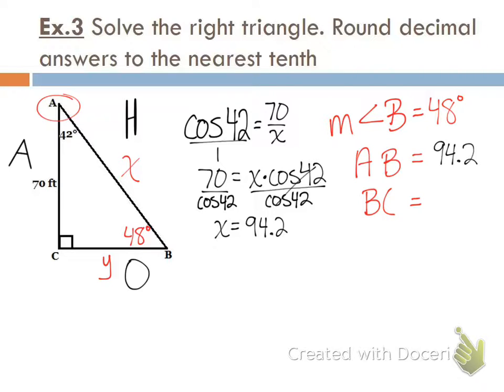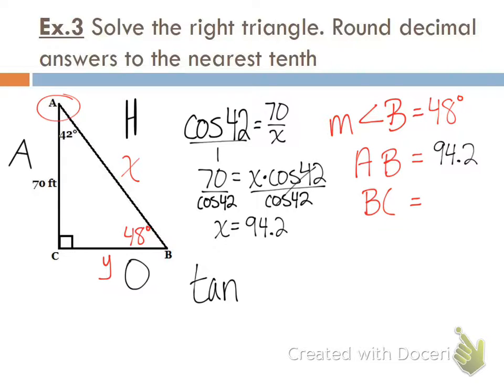What I am saying is that your answer might get rounded again and be just a little bit different from what it should be. I'm just saying the most reliable thing to use would be the ones they gave you, which would be adjacent. If I'm finding opposite and I was given adjacent, I should be using tangent.